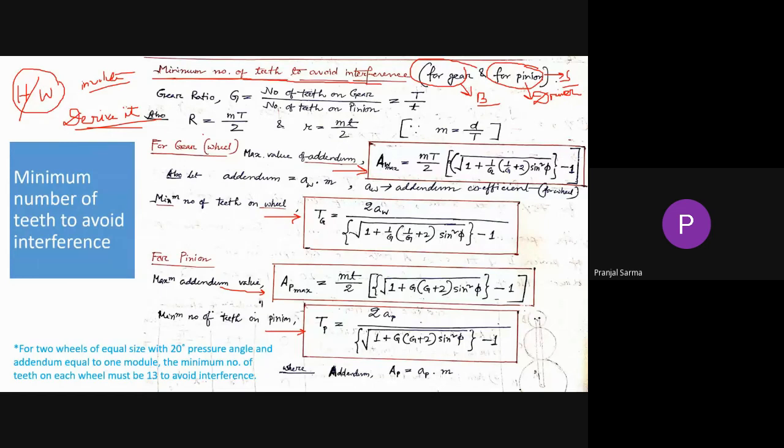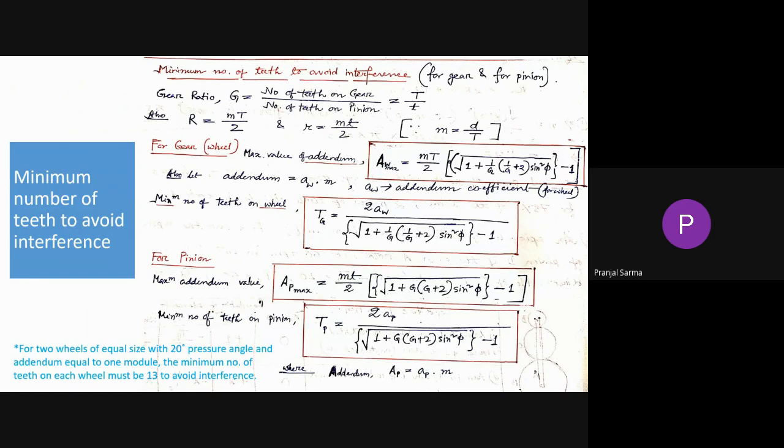So for that, what are the different terminology that is involved? Like we know that the gear ratio is given by what? The number of teeth in the gear, that is the bigger one, and the number of teeth on the pinion. We can write G equal to capital T by small t.